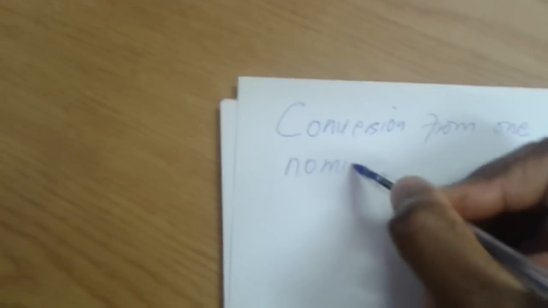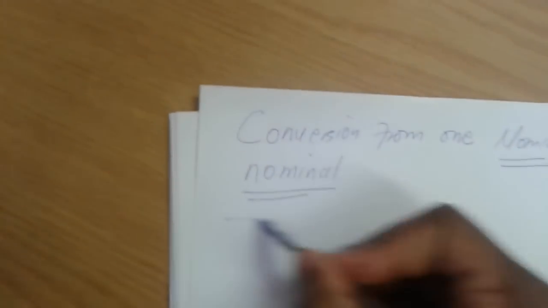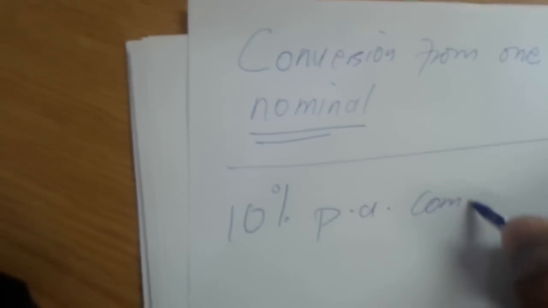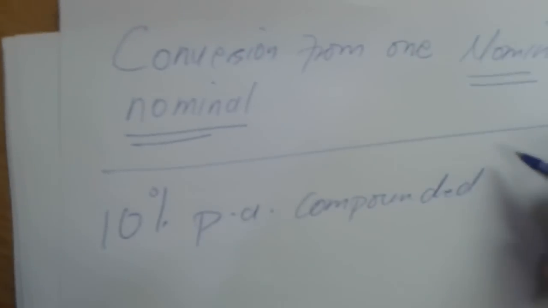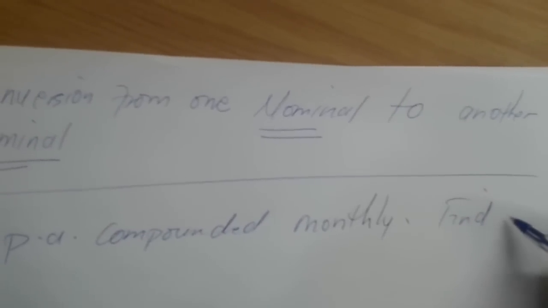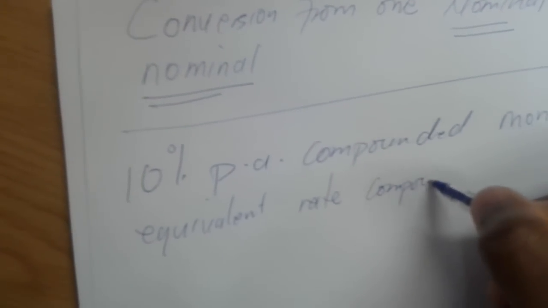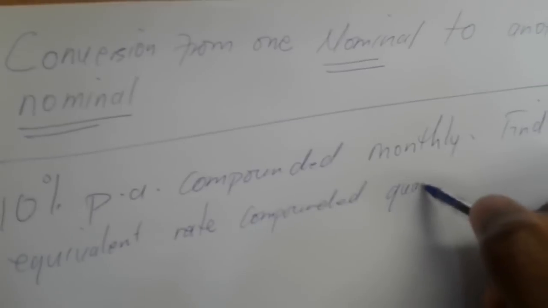Let's say you are given 10% per annum compounded monthly, and they ask you to find an equivalent rate, but now compounded quarterly.